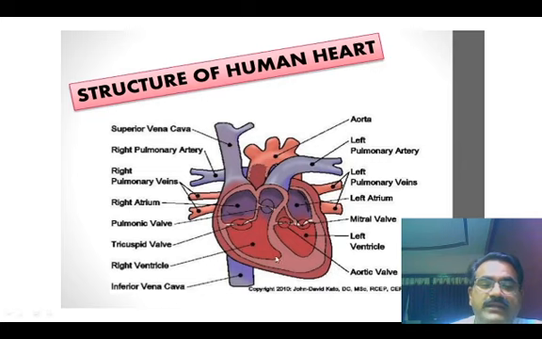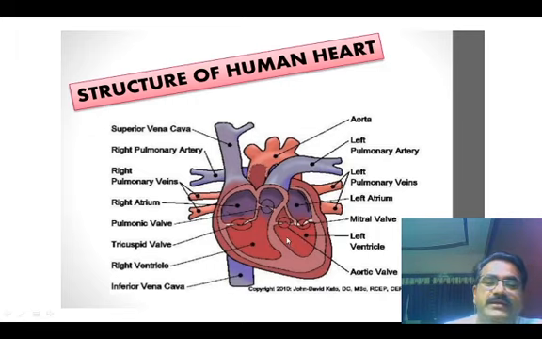They are the two auricles, the right auricle and the left auricle, also known as the atria. Then there are also the two ventricles, the right ventricle and the left ventricle.